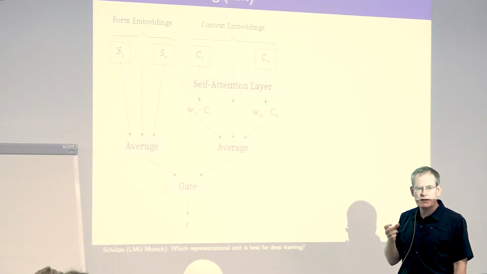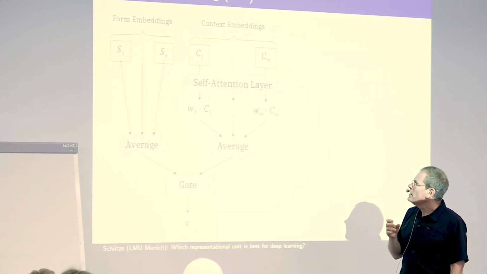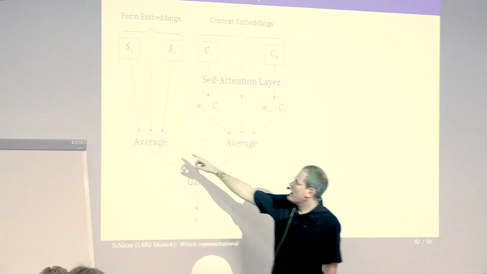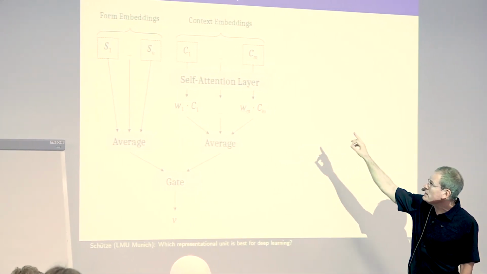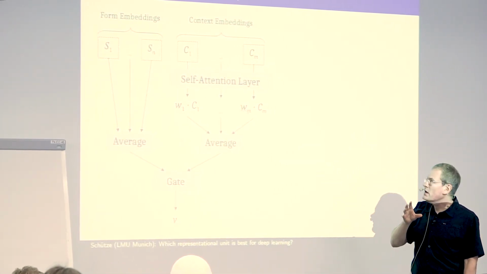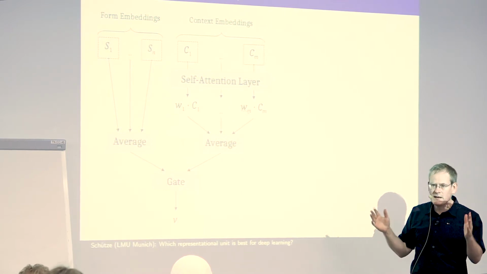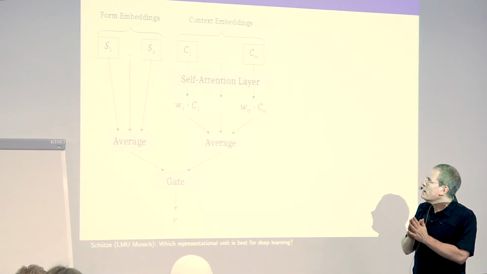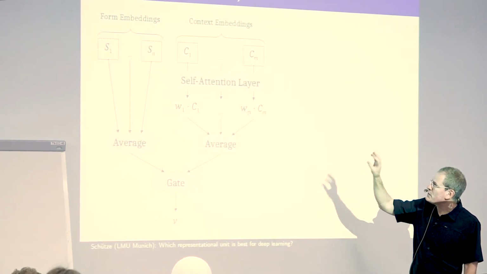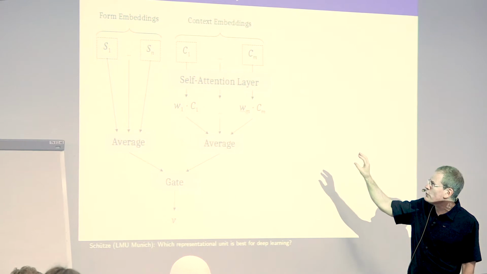We learn a representation for each character n-gram, and then we just take the average here. In the context embedding, each C1, Cm is simply a sentence, and the representation of that sentence is the sum of the embeddings of the words in that sentence. So then we have a representation for each sentence in which the word occurs.